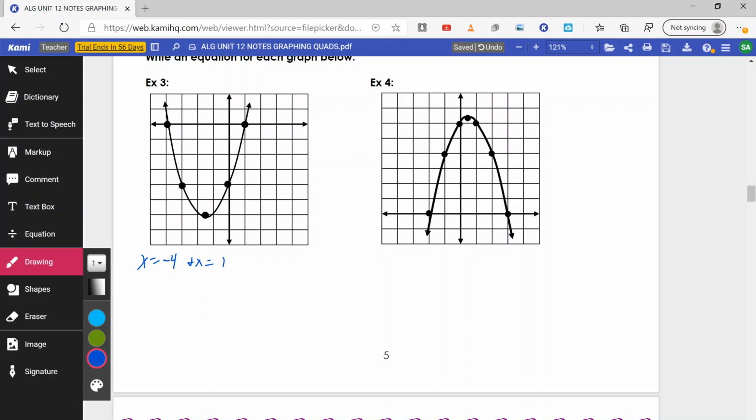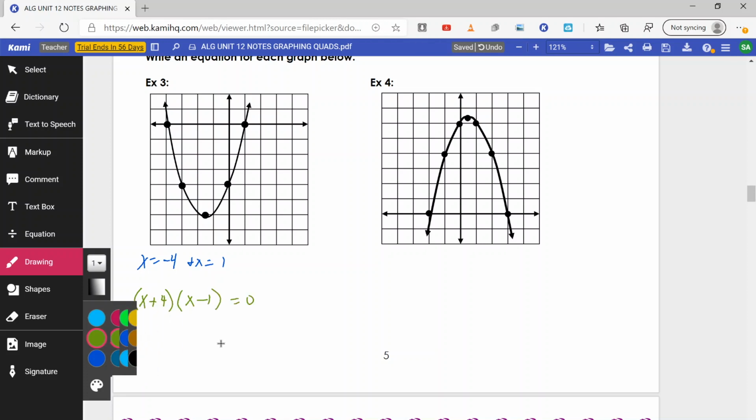Now that we have x equals -4 and x equals 1, remember in the previous video, I end up making a binomial with the letter and the opposite value of our given answer. So x equals -4 means our binomial would be x plus 4. And we multiply it times the other one, so x, and then 1 becomes -1, gives me 0.